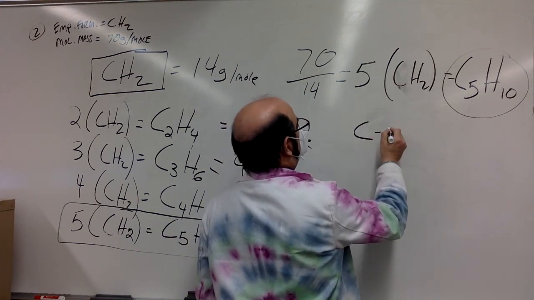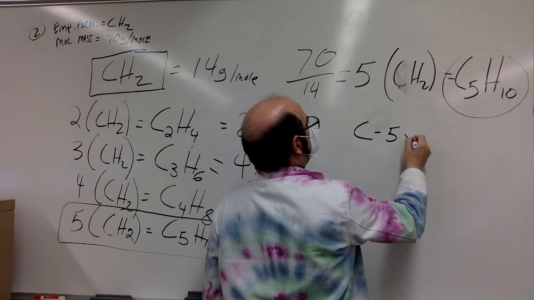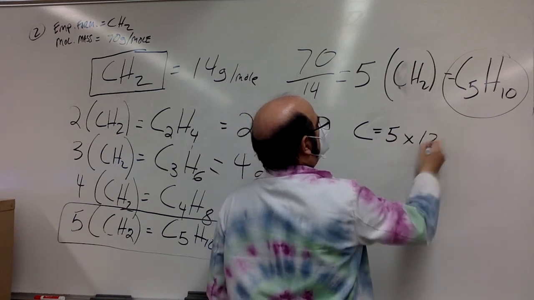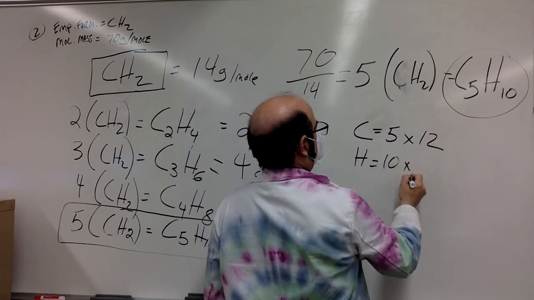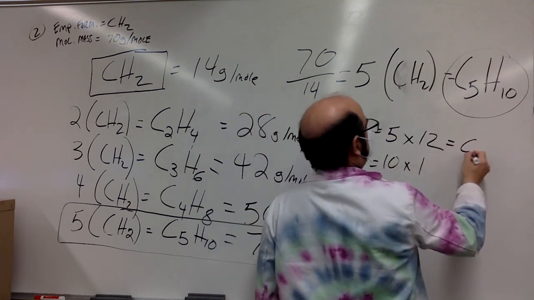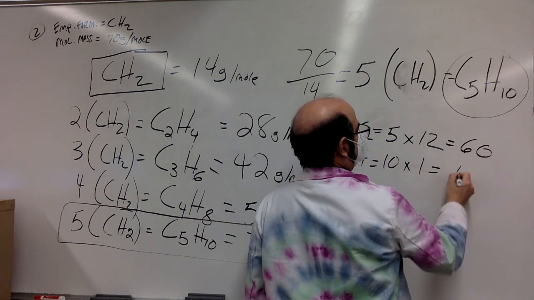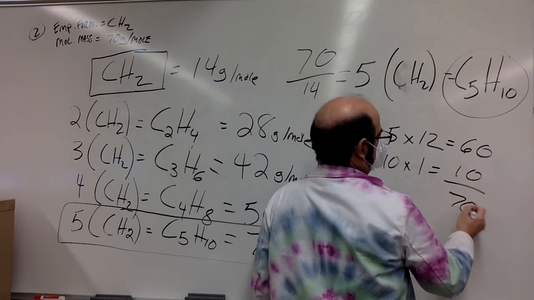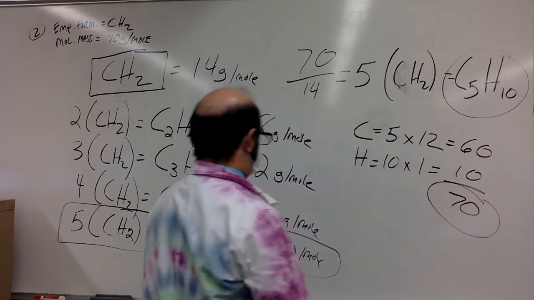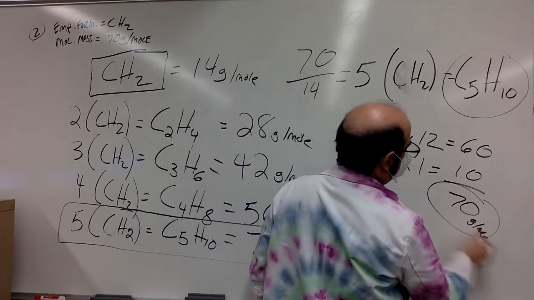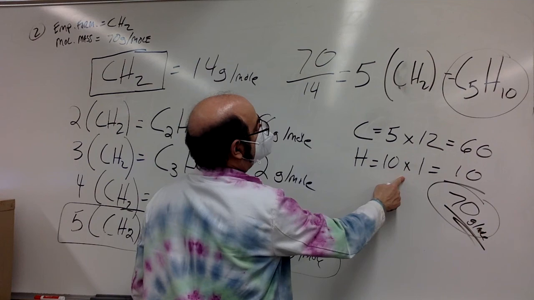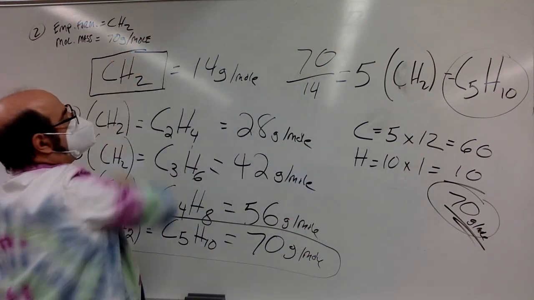C, there's 5 of them, 5 times 12. H's, there's 10 of them, times 1. 60, 10, 70. Ooh, 70 grams per mole, which is the full cycle.